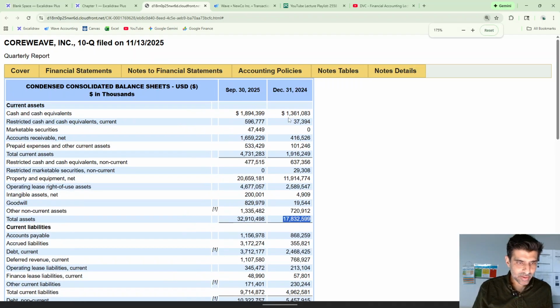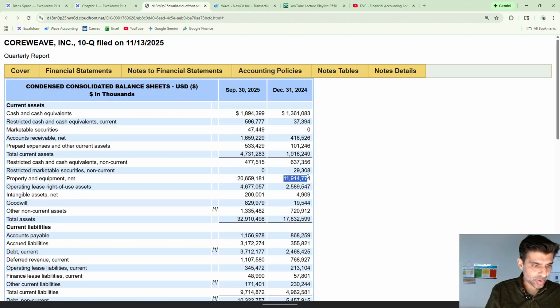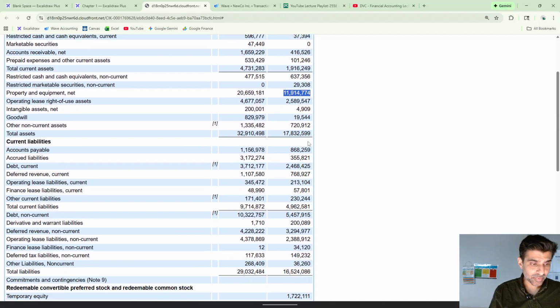So they have cash, a lot of cash, 1.3 billion. Their biggest asset is their property, plant, and equipment because, as I said, they're a provider of kind of data centers, and so they own a bunch of property, they own a bunch of servers, and so that's what this 12 billion dollars is. So it's their largest asset.